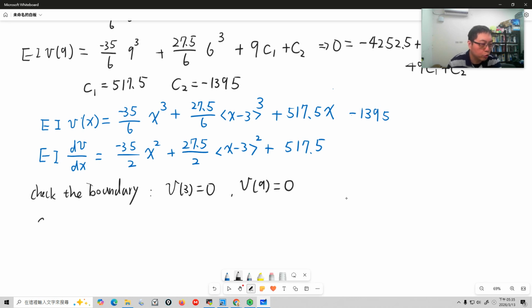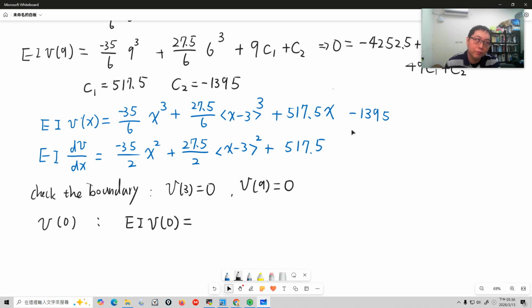Let's check another boundary. What about x equal to 0? Yes, 0 is also a boundary. So what is nu 0? Just put 0 in this x. We have EI nu 0 equal to, replacing x by 0: the first term is 0, and the second term (x minus 3) is negative, so the whole function is 0. Putting 0 in the x, this term is also 0, so we only have minus 1395.